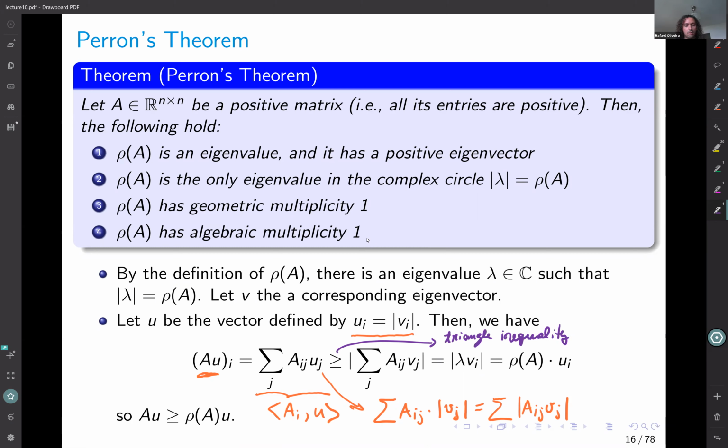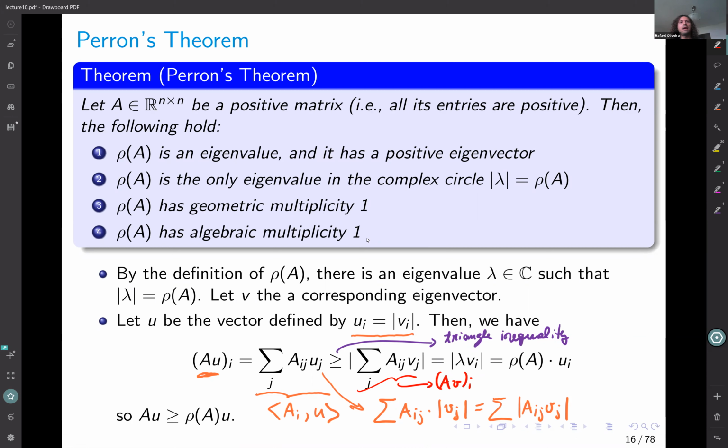Now, if you look at what is inside the absolute value, this is exactly the ith entry of A times V. But what is the ith entry of A times V?